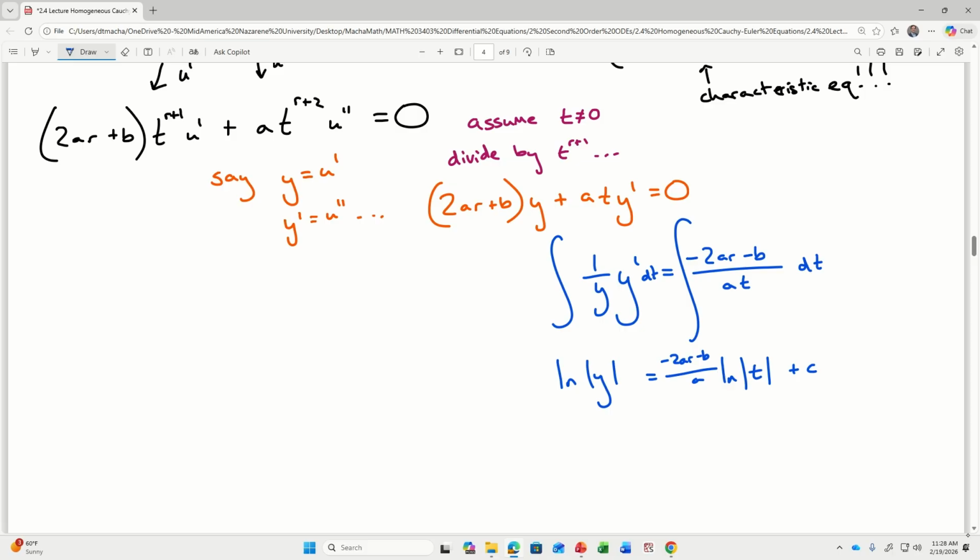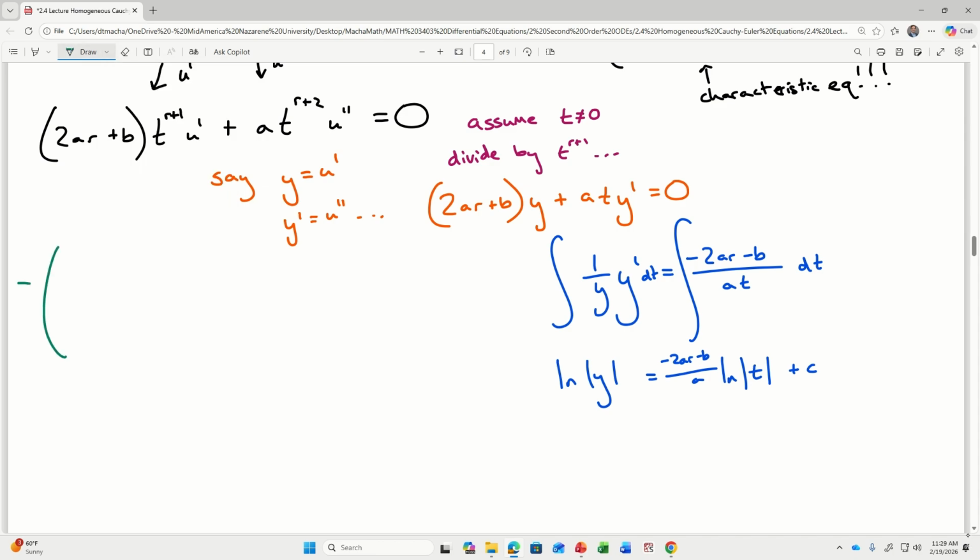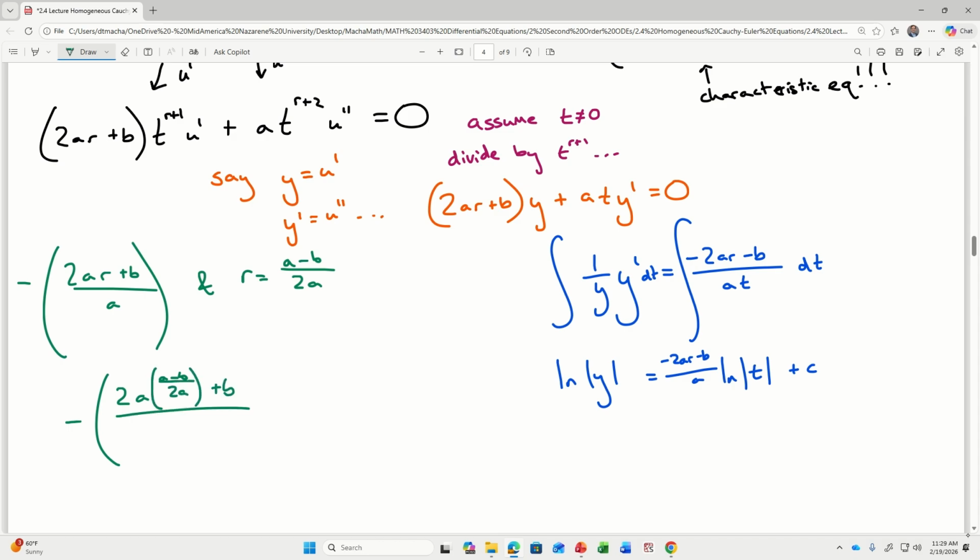There's got to be a way to simplify that. Because if I've got negative 2ar plus b over a, and we say that r is equal to a minus b over 2a, substituting that in would give me negative 2a times a minus b over 2a plus b over a.